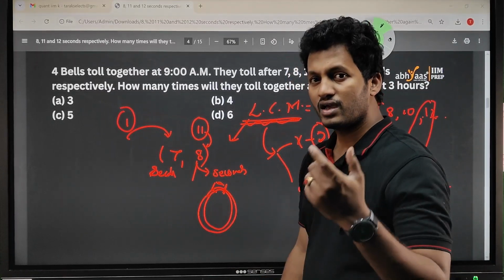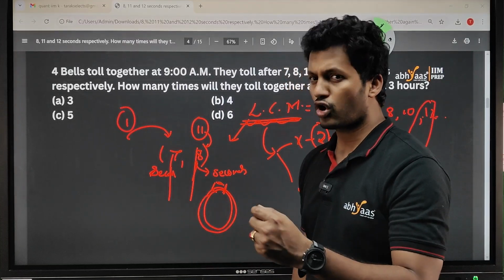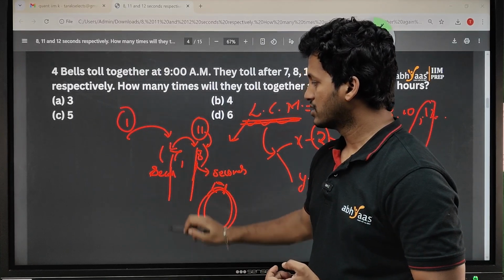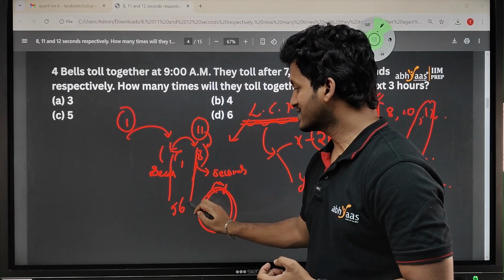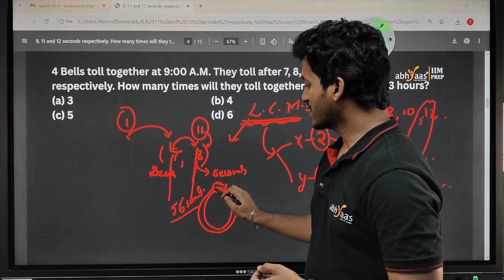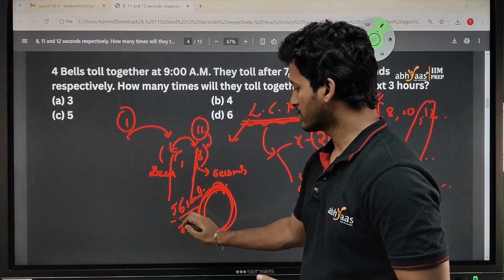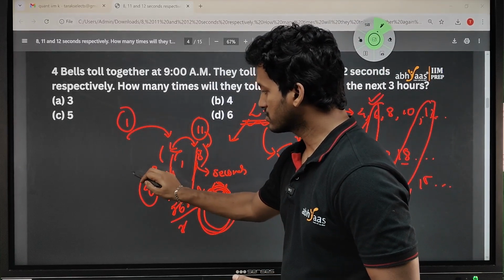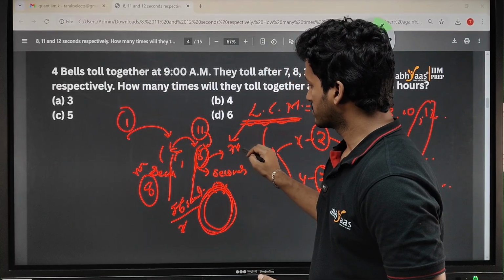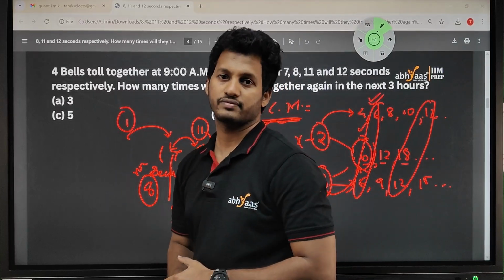It is nothing but asking where I can find 7 and 8 in common. Yes, we have to take the LCM of 7 and 8, so it will be 56 seconds from the starting point. That means the first person will complete 8 rounds and the second person will complete 7 rounds in those 56 seconds. Then only they will meet together.